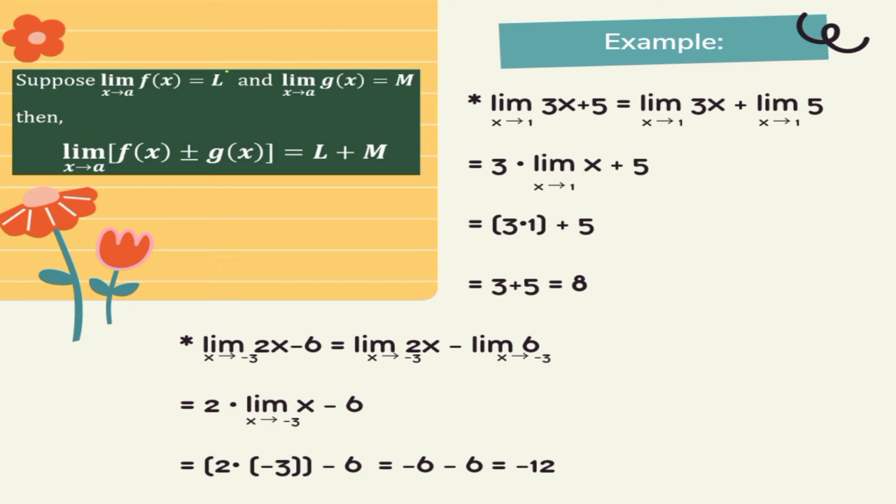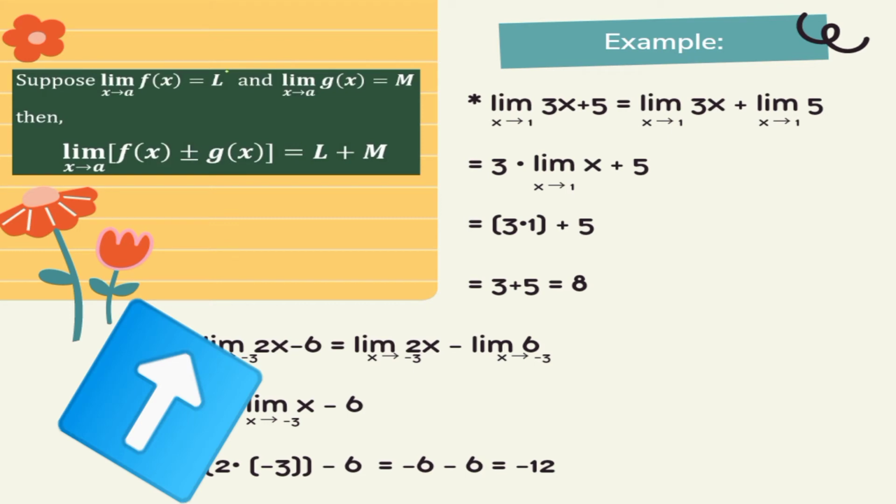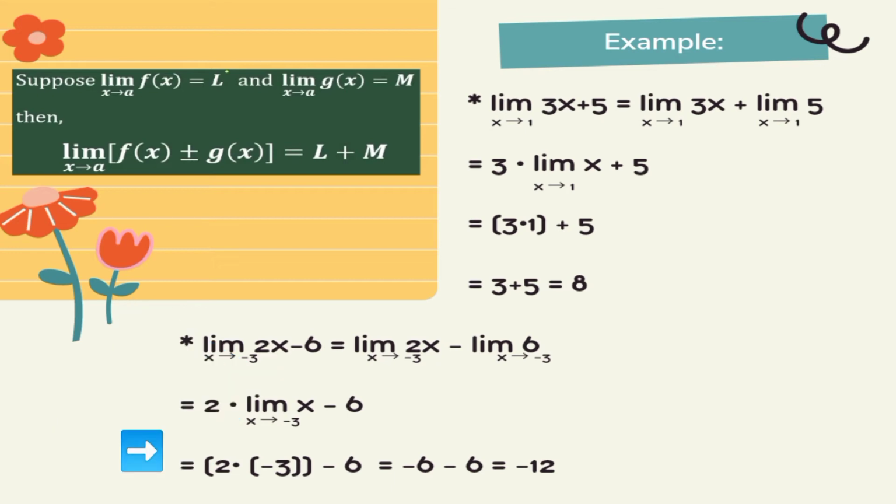So now we are going to apply theorem number 3, bring down the constant, then write what is left, the limit of x as x approaches negative 3. Then apply theorem number 1, copy the constant 6, so that would be 2 times the limit of x as x approaches negative 3 minus 6. Now we are going to bring down the 2.